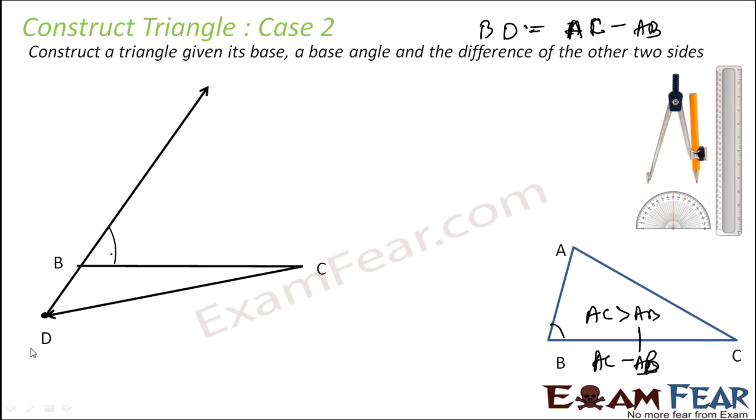So now we have to find a point A such that AC minus AB has to be equal to BD. That is, somehow AC is equal to AD.